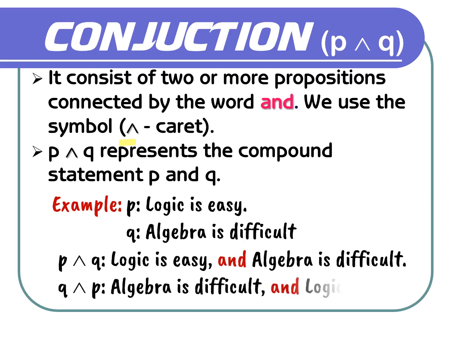If we have Q and P, this will be algebra is difficult and logic is easy. So this is how you do the conjunction with simple propositions using the word and.